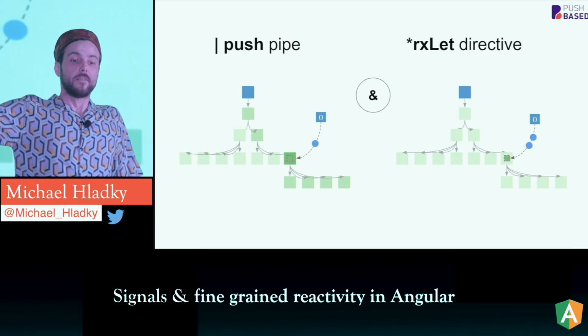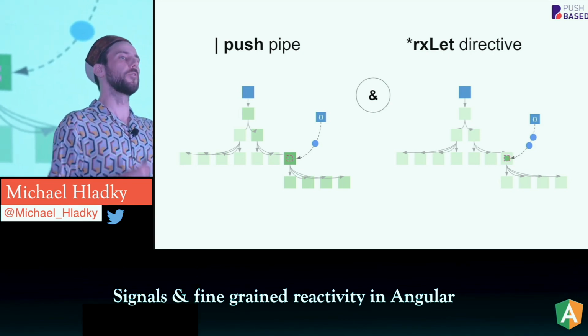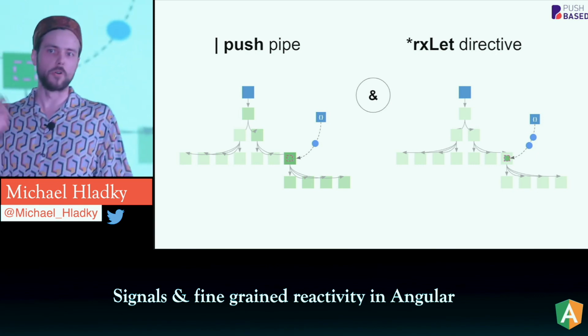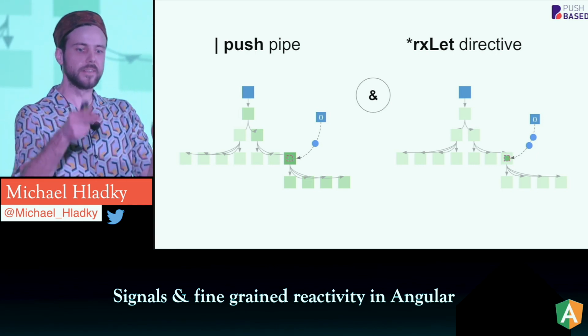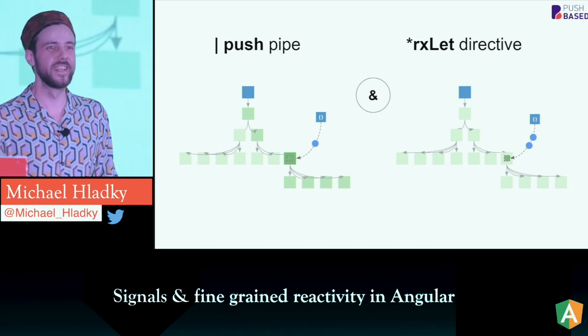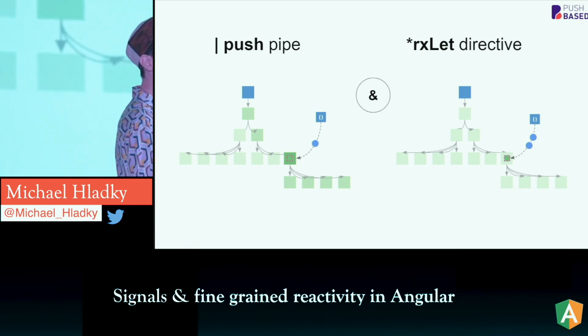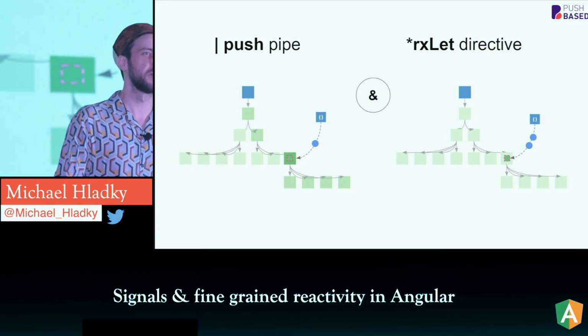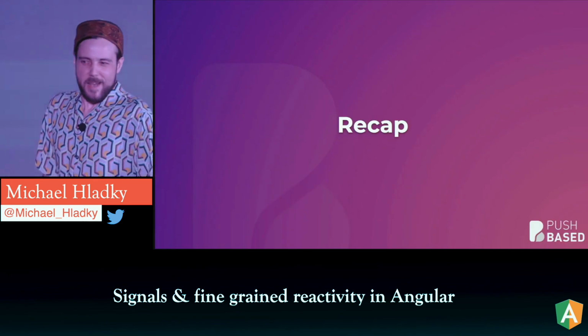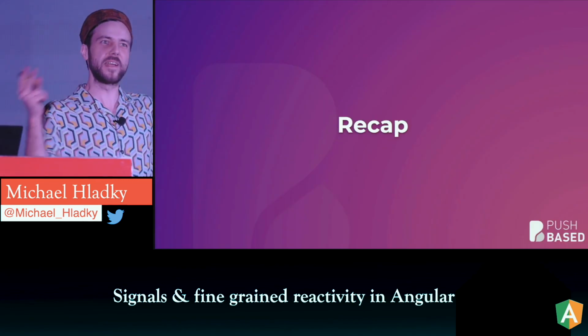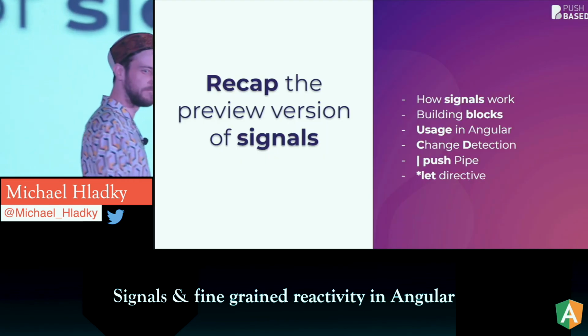But with the let directive, we can go one step further, and this is what I would call real fine-grained reactivity. This is what I would love to see baked into Angular and running without zone. Bright future, let's recap what we learned.